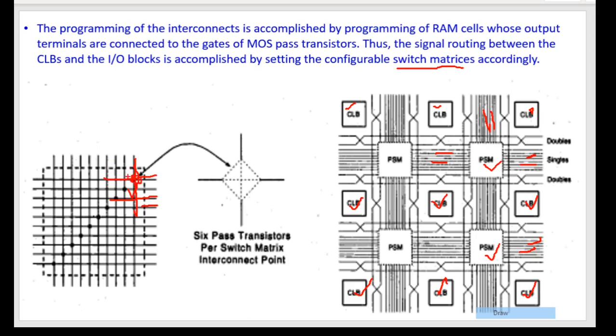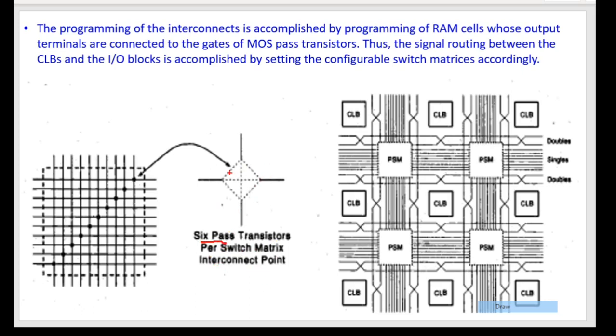Now you can see that at every meeting point of a horizontal and vertical line you have a dot here, a dot here, a dot here. So what is present at these dots? When you see it in large fashion, you will see that there are 6 pass transistors per switch matrix interconnect point.